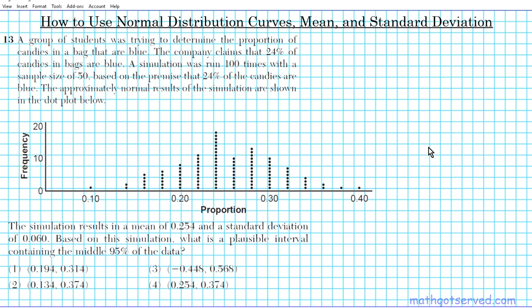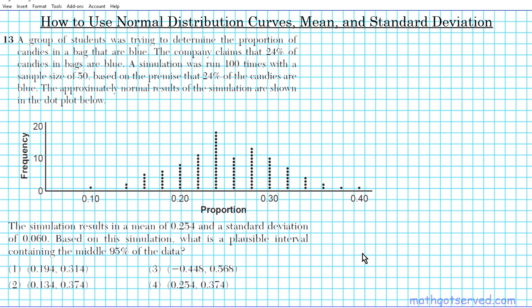The approximately normal results of the simulation are shown in the dot plot below. So we have the graph right here, the dot plot of the simulation. The simulation results in a mean of 0.254 and a standard deviation of 0.06. Question. Based on this simulation, what is a plausible interval containing the middle 95% of the data?